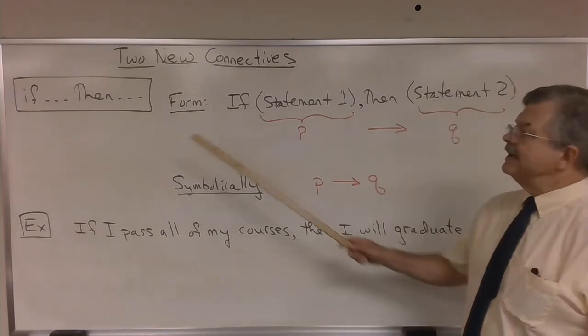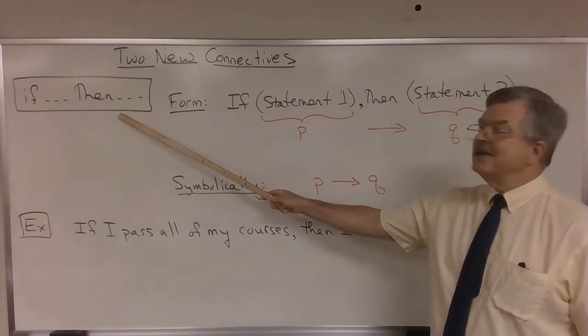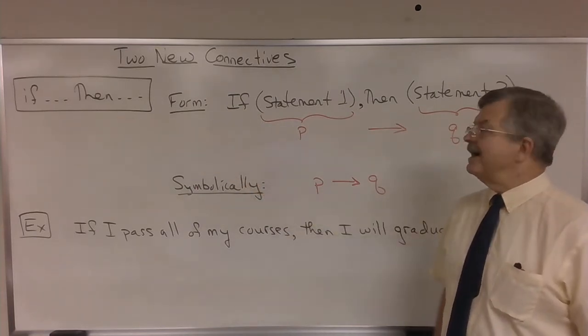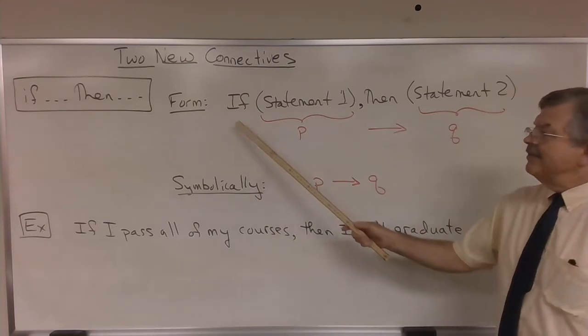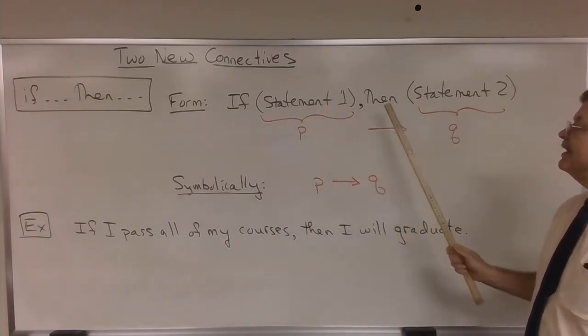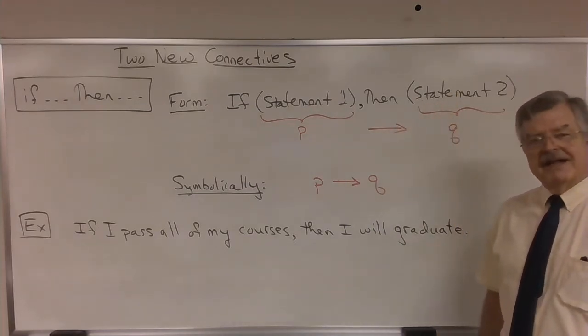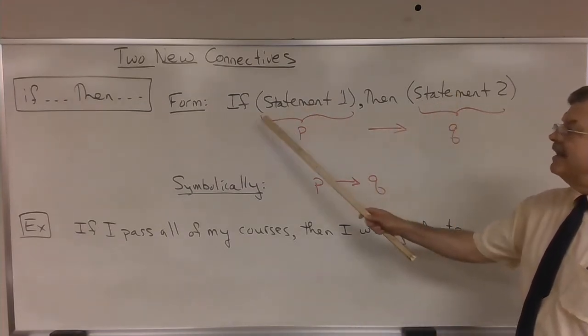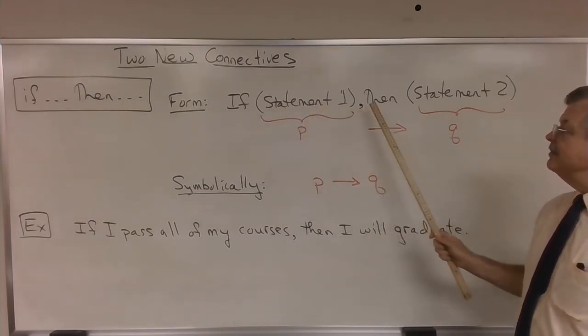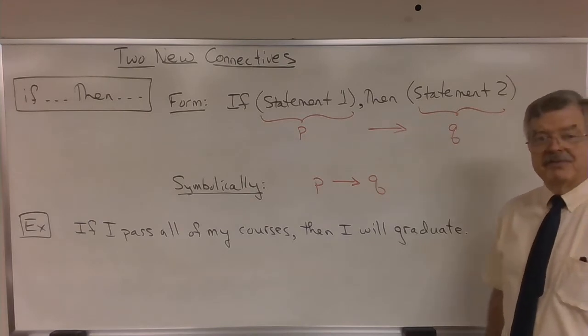The first of the connectives has the form if ... then ... The form is if statement 1 is true, then statement 2 is true. That's the meaning. If statement 1 is true, then statement 2 will be true.